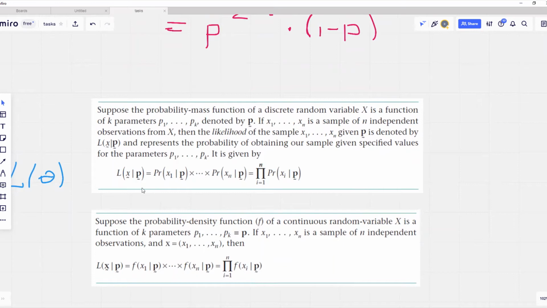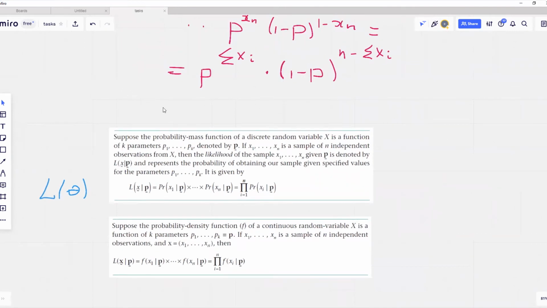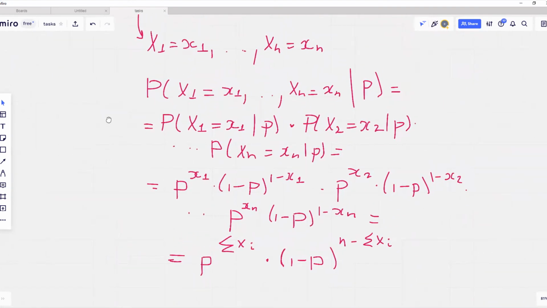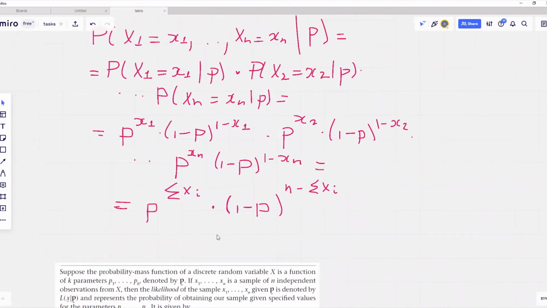All right, so finally, our next logical step is to maximize this likelihood function over the value of parameter P. So basically, we are looking for the value of parameter P that is going to maximize the probability of obtaining the observed sample. To do so, in our simple case, we simply have to find the derivative of our likelihood function with respect to our parameter P, and then find the critical values and the value of the critical values that will maximize our likelihood function.